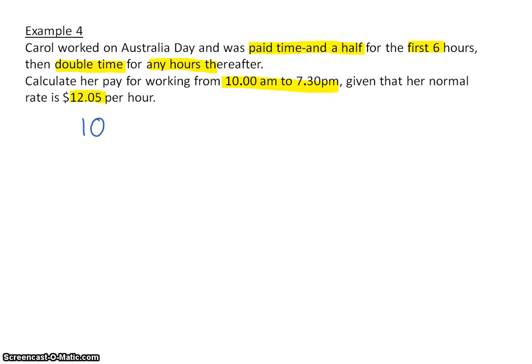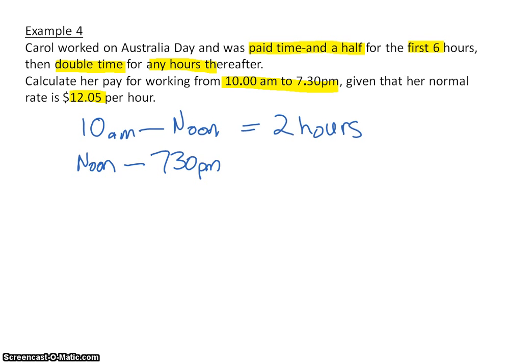So we've got 10 AM through to noon, and that is 2 hours. The next part we have is noon through to 7:30 PM, which is 7.5 hours. Once we've got that, we can add those two together, and we know that she works for 9.5 hours in total.